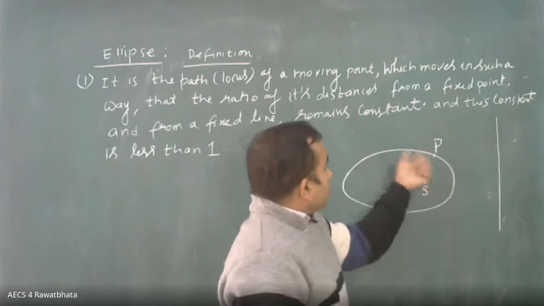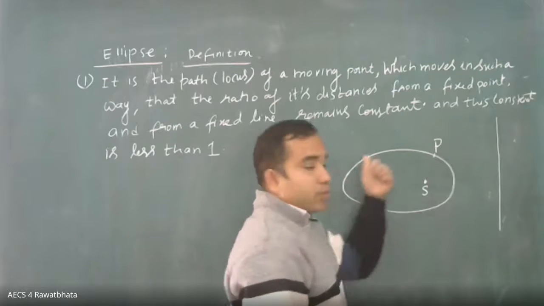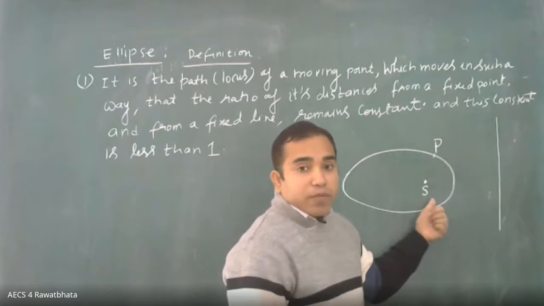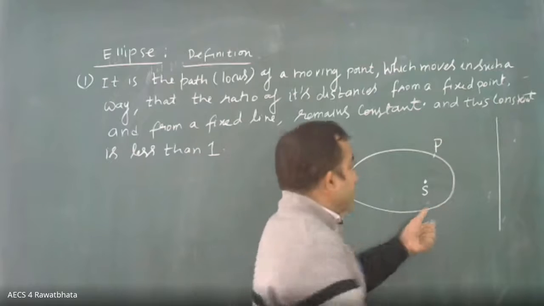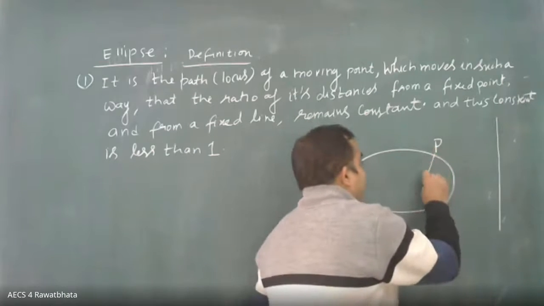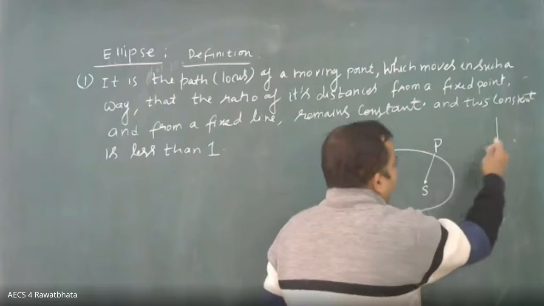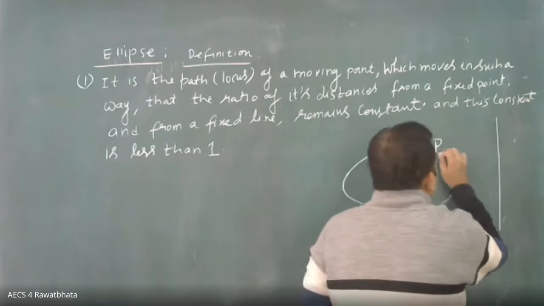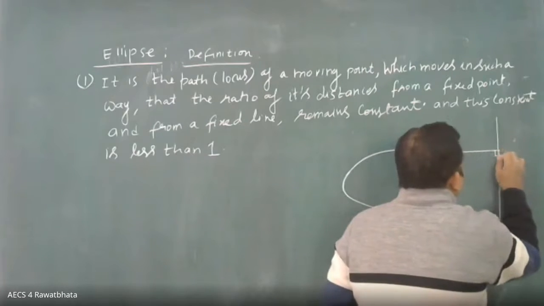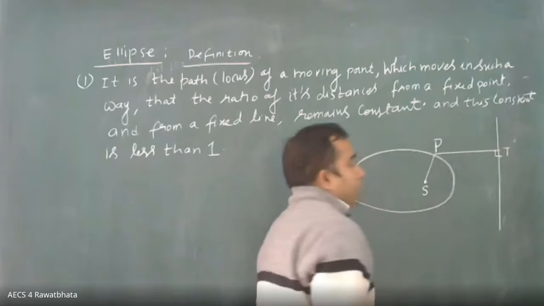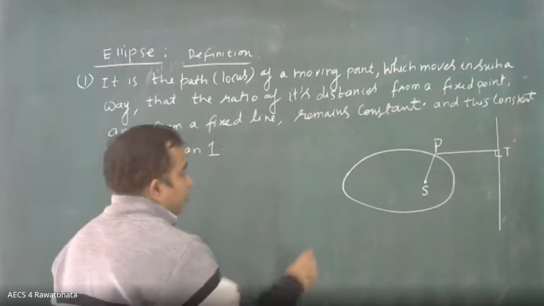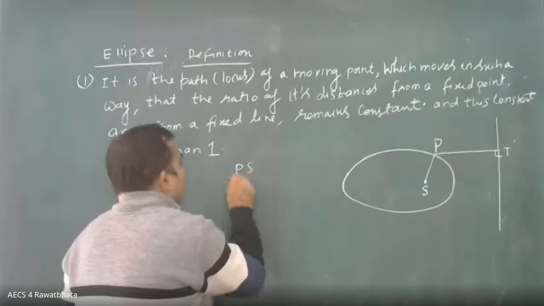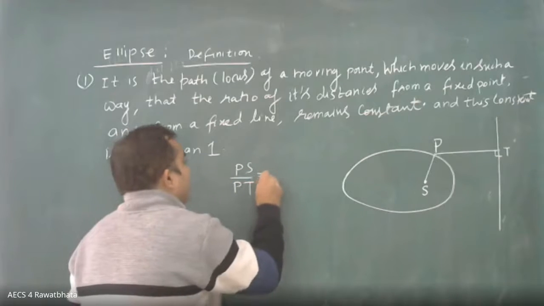The point is moving; you calculate its distance from the fixed point S, let it be PS, and its distance from the fixed line. Distance from a line means perpendicular distance, let it be PT. You calculate this and take the ratio. Then PS upon PT will always be constant.